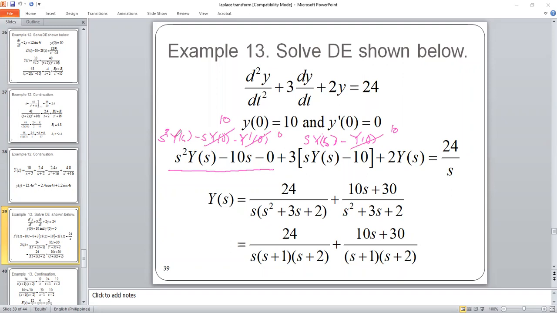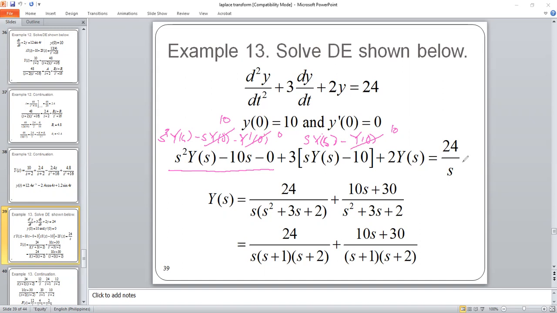Then this one is s squared y of s minus 10s, because your y of 0 is 10 and you have your 0. Here you have also 10, so you have s y of s minus 10, and it's multiplied by 3. You have here 2y of s for the last term, okay? Laplace of y is y over s. Laplace of 24, excuse me, is 24 over s.